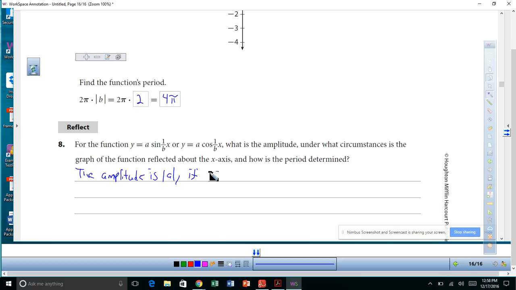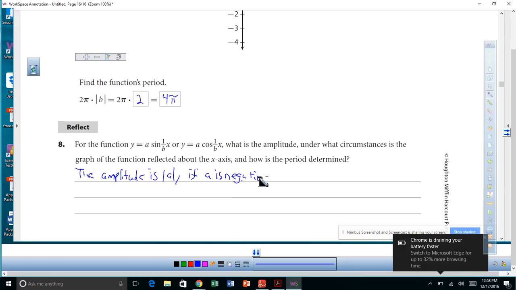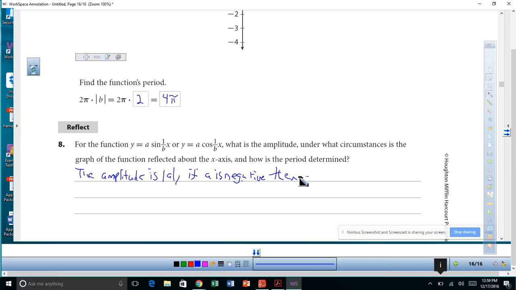If a is negative, then it is reflected over the x-axis.